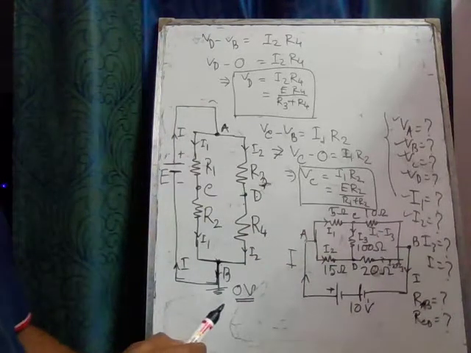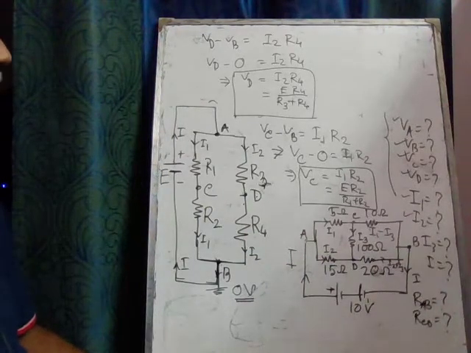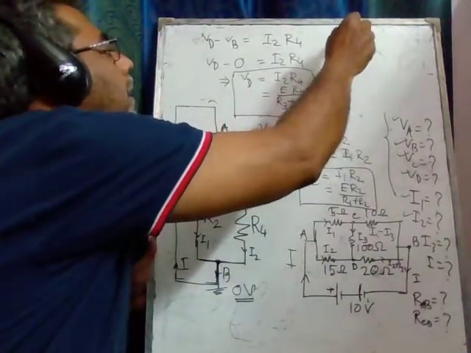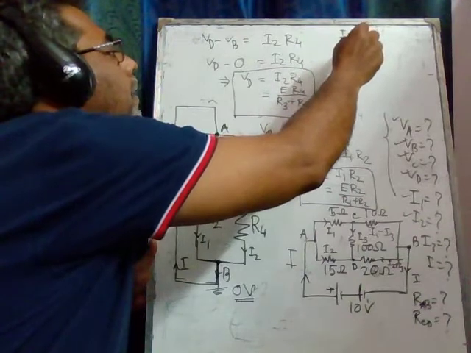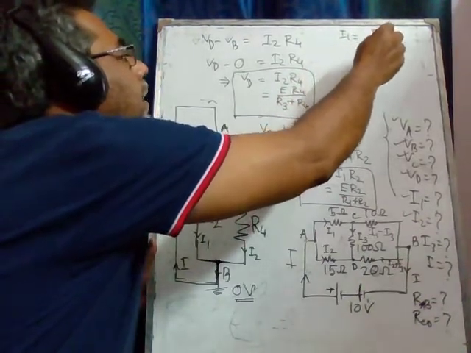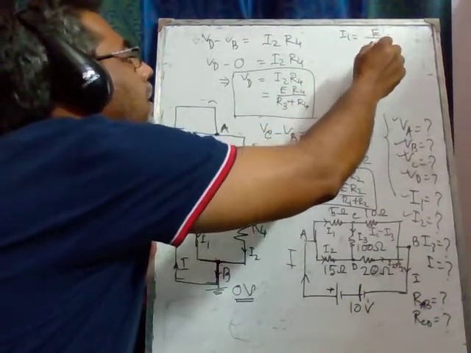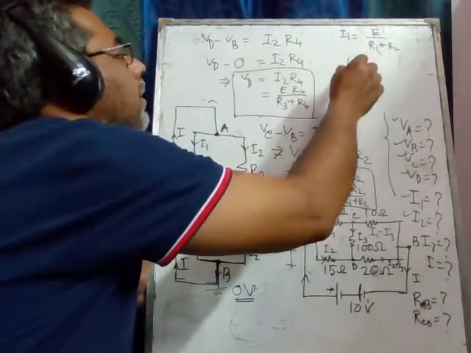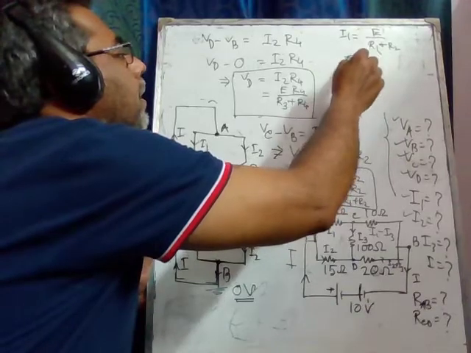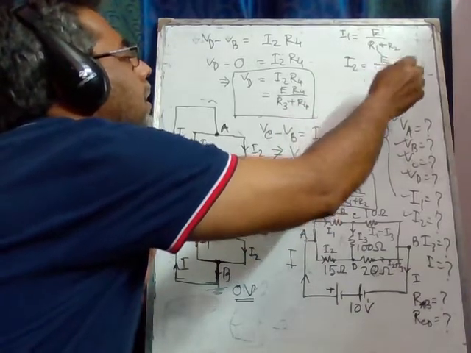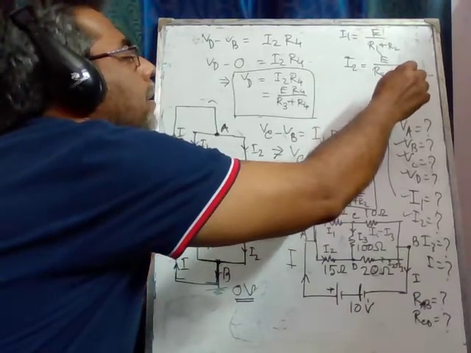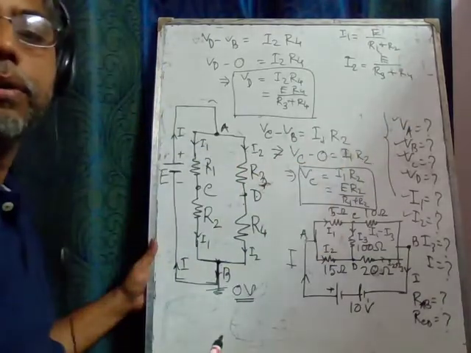If we want to summarize, we can write it here. I1 equals E over R1 plus R2. I2 equals E over R3 plus R4.